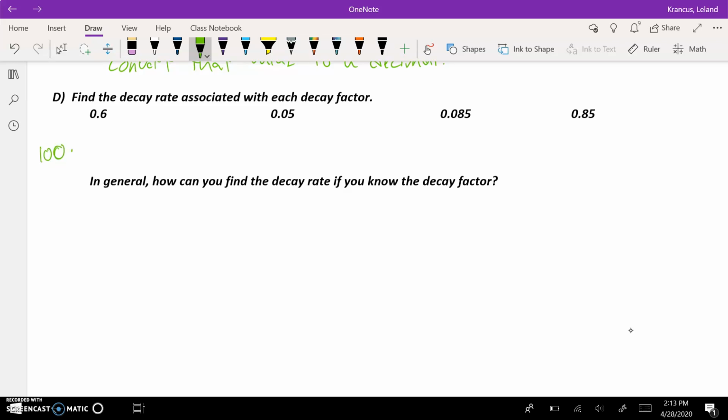If I took 100 and I multiplied it by 0.6, that equals 60. So when I multiplied that number by 0.6, my $100 dropped by $40. $40 out of $100 is 40%.